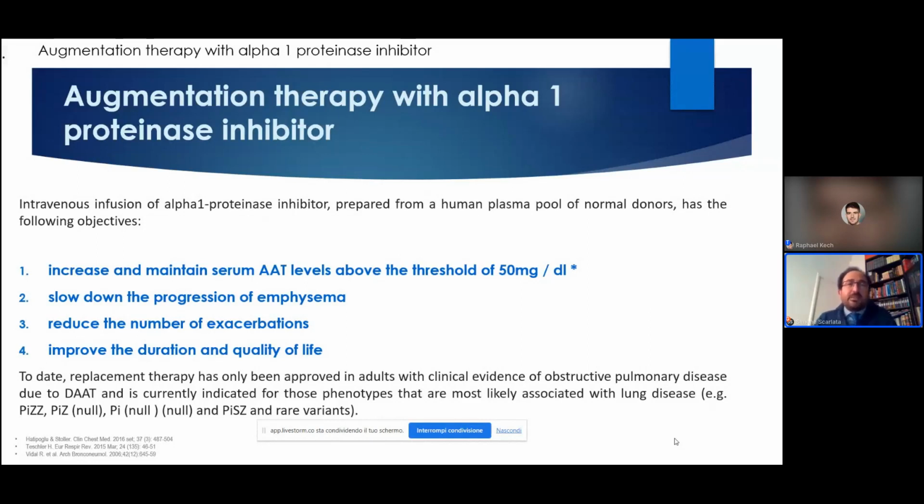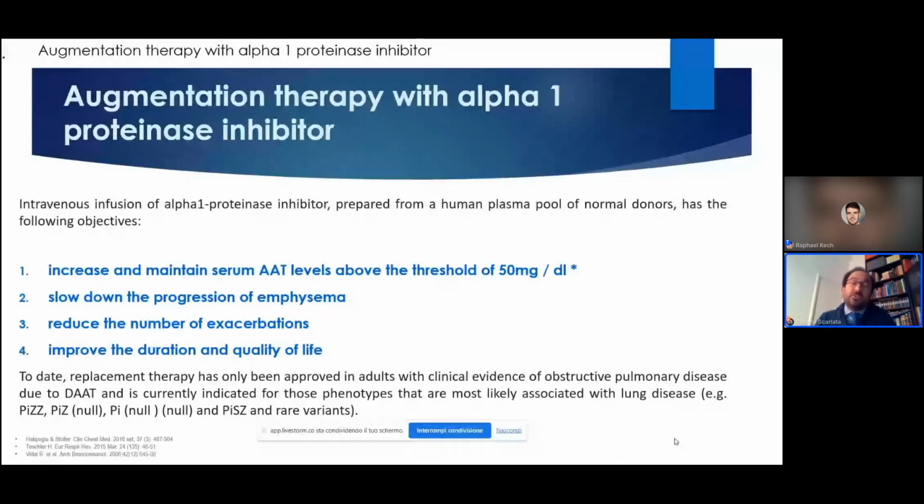Again, augmentation therapy has been proven effective in slowing down the progression of emphysema and reducing the number of exacerbations. For those of you who are confident with the COPD natural history, we know that this goal is quite relevant to warrant a good clinical response to treatment.